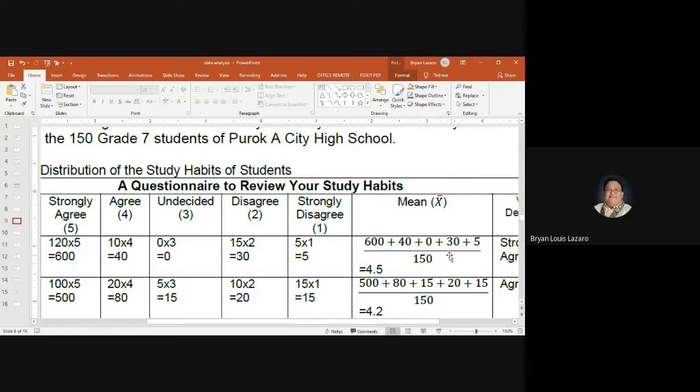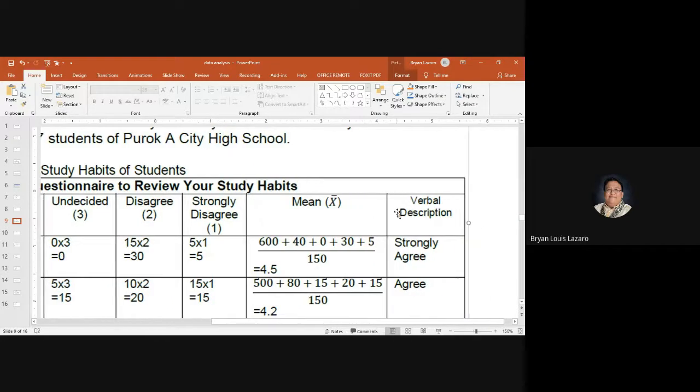So nakuha mo, kung halimbawa, nakuha mo na 4.5 siya. Saka ka ngayon titingin sa strongly agree, undecided, disagree, strongly disagree. Saan siya magpo-fall? Saan magpo-fall ang 4.5? Diba magpo-fall siya sa strongly agree? Yun ngayon ang tinatawag nating verbal description.